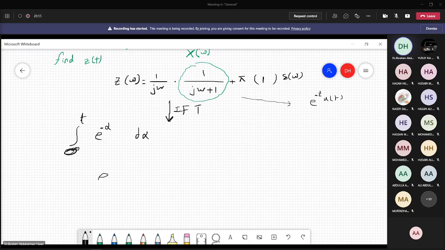So then it is equal to e to the power of minus alpha multiplied by minus, from 0 to t. So at 0, this is equal to 1. At t, it is equal to e to the power of minus t. Okay, so don't forget to multiply it by u of t. So this is the solution.